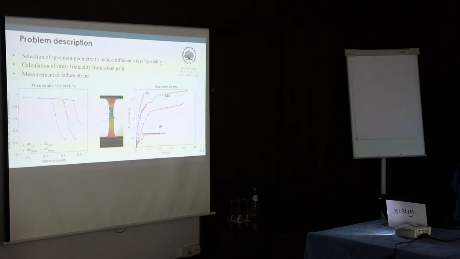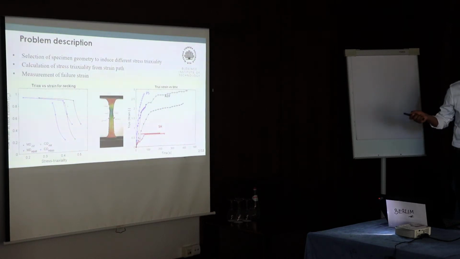So the problem description is, we have to find the specimen that can induce different stress triaxiality. That's one problem. Such specimens are already standard, but those are standard for metals. When it comes to polymers, due to this high elongation, it is difficult to actually capture, for different reasons.